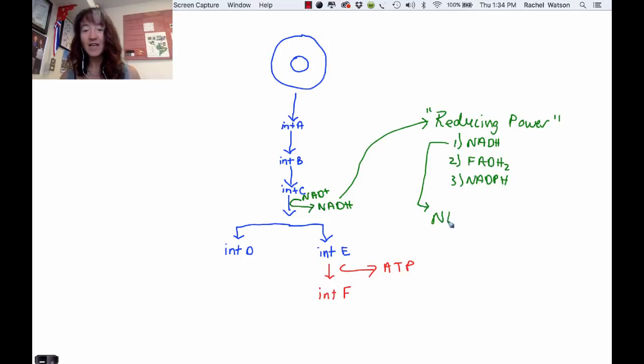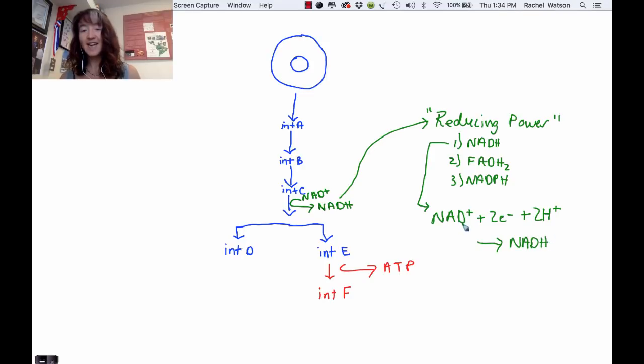So we know that NAD+ is going to take on 2 electrons. And in a balanced reaction, we know those electrons would come bound to protons. And so our balanced reaction would be 2 electrons plus 2 protons would generate an NADH.